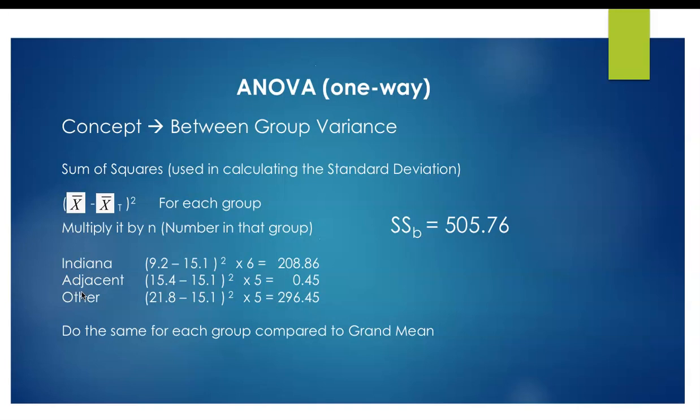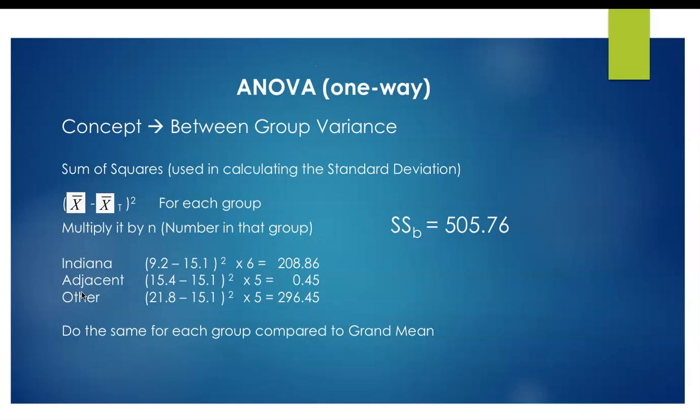The total mean is 15.1. Because the groups are different sizes, you multiply each difference by the number of people in that group. So the Indiana group has 6 people, multiplied by 6. The other two groups have 5 people, multiplied by 5. The total of those 3 scores is the sum of squares between.